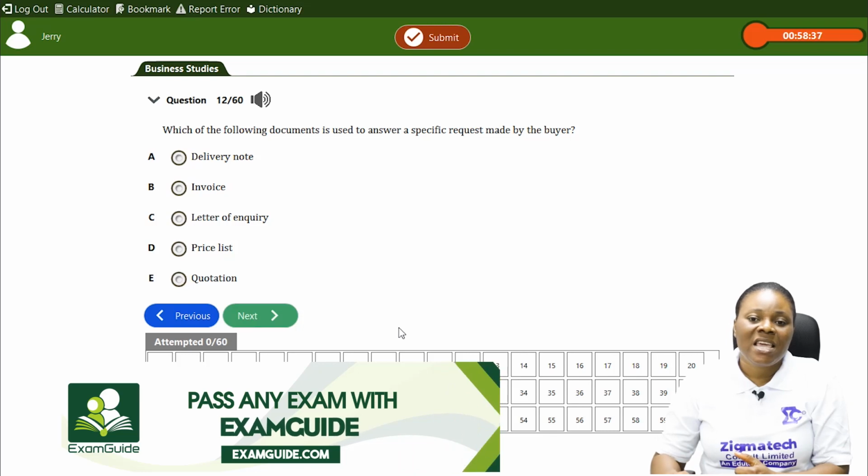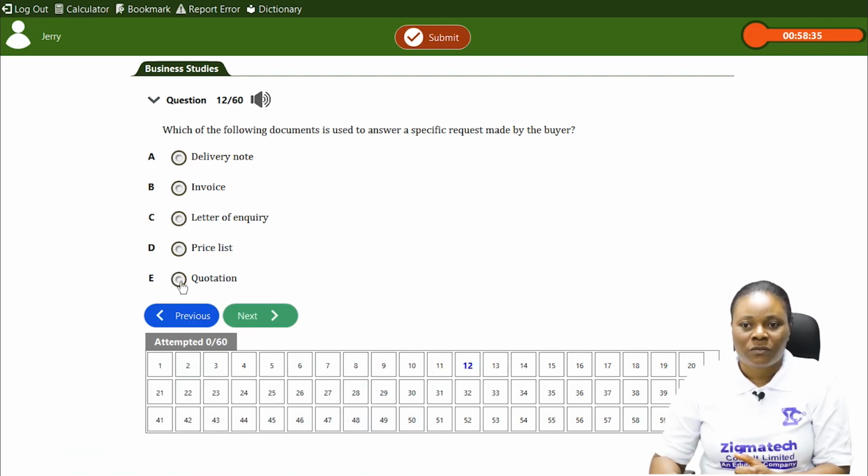The answer is E, quotation. The request is placed using the letter of inquiry, and the answer is given using a quotation.